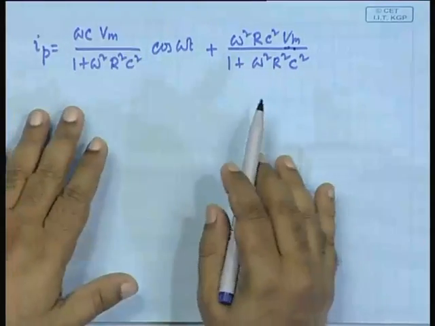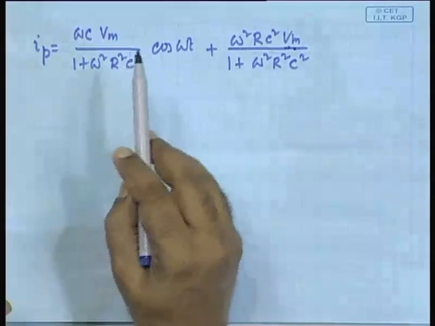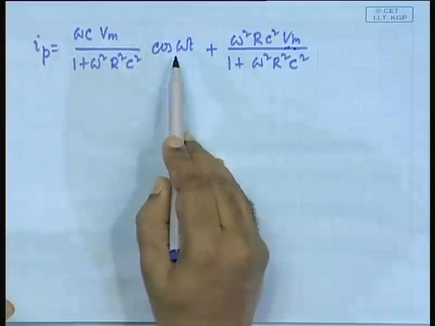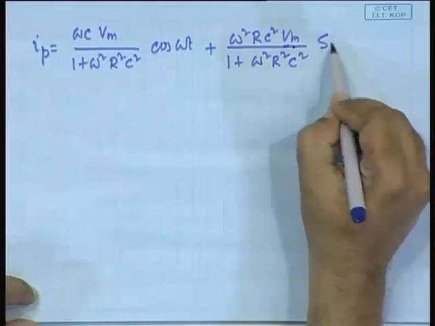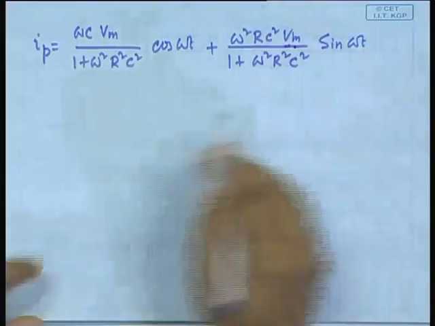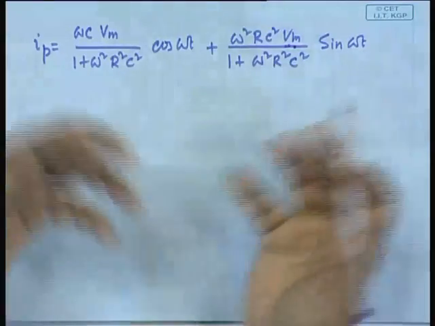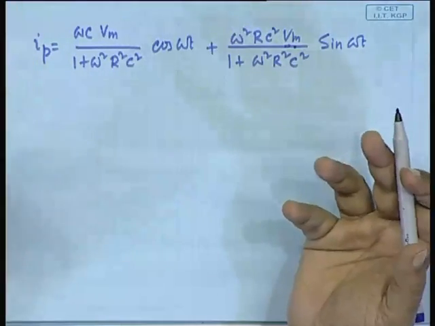Now, let us try to take some common and express it in terms of something cos omega t plus something sin omega t, so that we can express it as sin omega t plus theta.